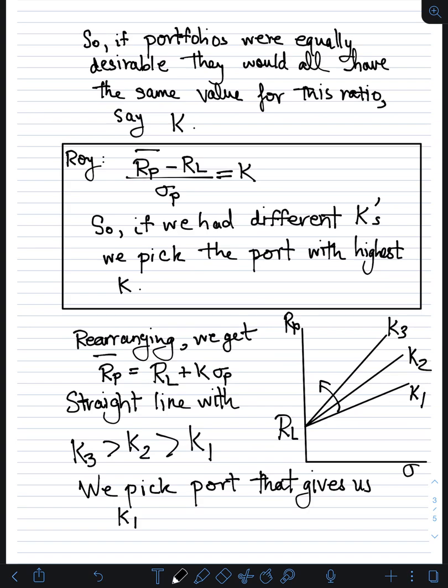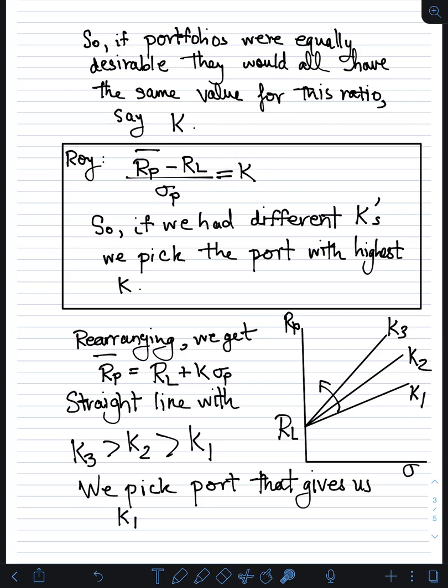Let's call it K. Roy would say that if they were all the same, RP bar, which is our expected return of the portfolio, minus the lower limit divided by sigma P, which is the standard deviation, gives us some value K. If we did not have all the same values of K, we're trying to maximize this ratio, so we're going to pick the one that gives us the highest value of K, because this ratio always ends up with some number K.